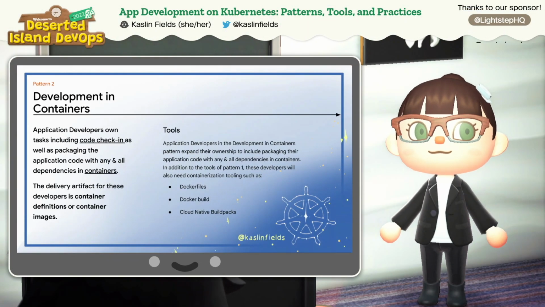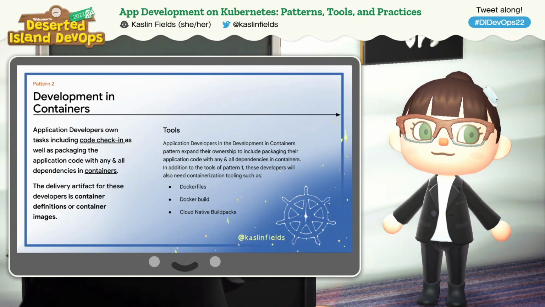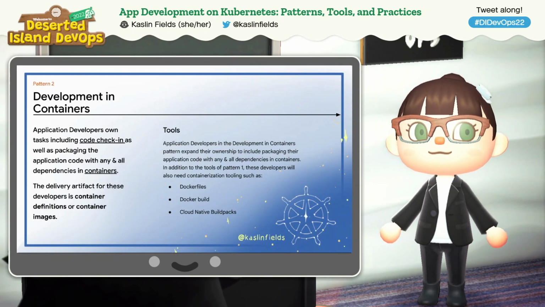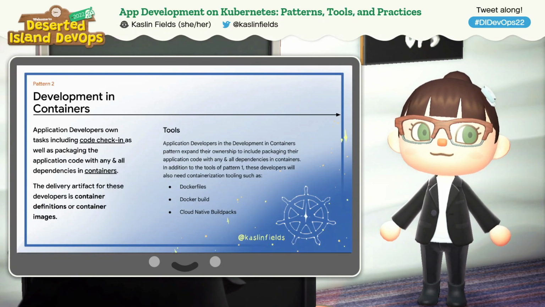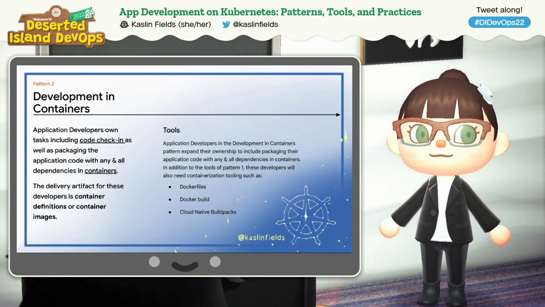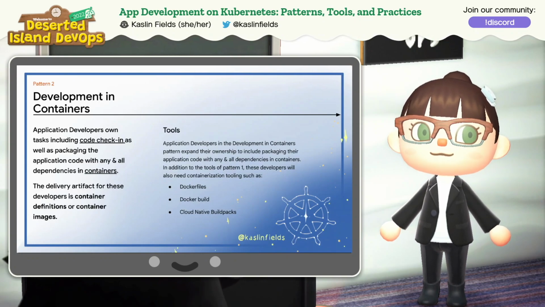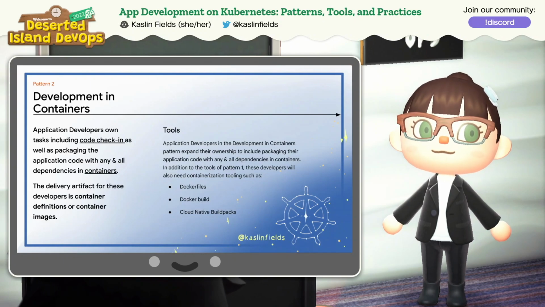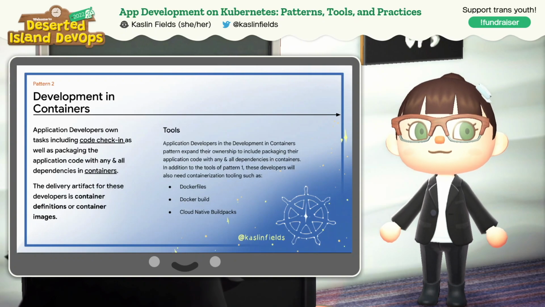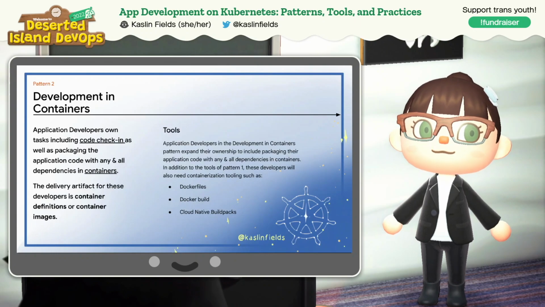If you're using Docker, then you'll need to write Dockerfiles to define how your containers should be built. Then you can use the docker build command of the Docker CLI to compile that into a container image. You could also potentially create your container image with an open source project called Cloud Native Buildpacks. Cloud Native Buildpacks is an open source project of the Cloud Native Computing Foundation that allows you to, and I'm just going to quote from their webpage, transform your application source code into images that can run on any cloud.